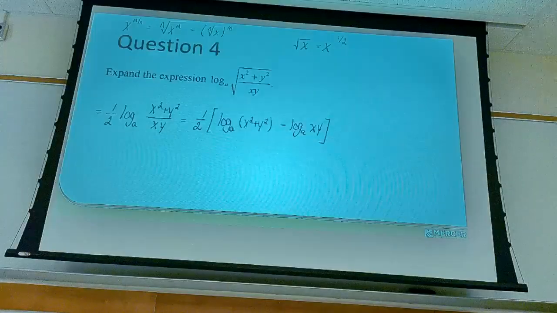You're right, there are powers in there, but is it an entire function to a power? No. And there's no law for log of sum, right? That is as expanded as that's going to get. There's nothing you can do with that.